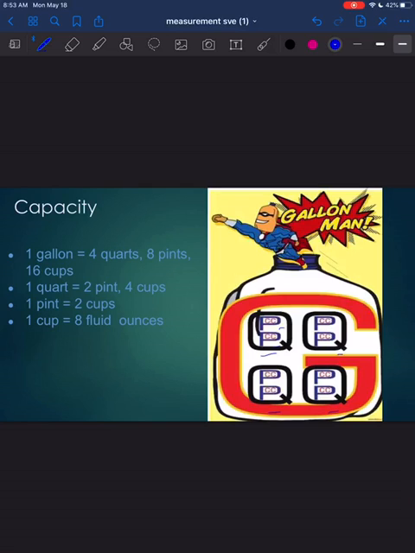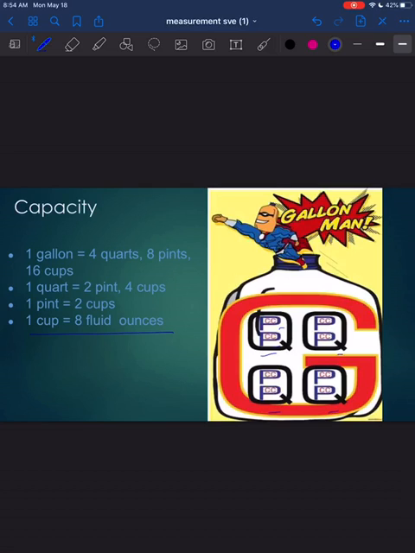And something that's I think added on from fourth grade is in each cup there are 8 fluid ounces. So knowing that information, I can say by using just what I see on the gallon man that 1 gallon equals 4 quarts, 8 pints, 16 cups, or 1 quart is equal to 2 pints, 4 cups, or 1 pint is equal to 2 cups.